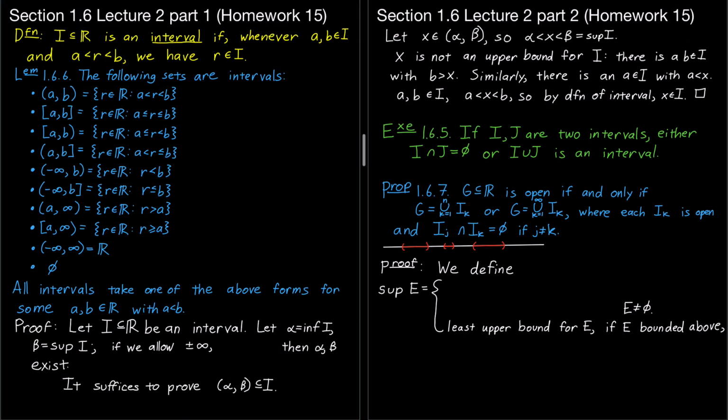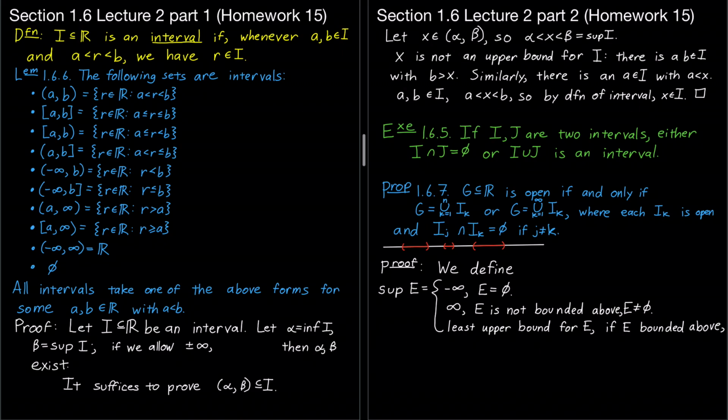We're going to say that the supremum of E is infinity if E is not bounded above, and then this one may seem a little strange. We're going to say that the supremum is minus infinity if E is equal to the empty set.